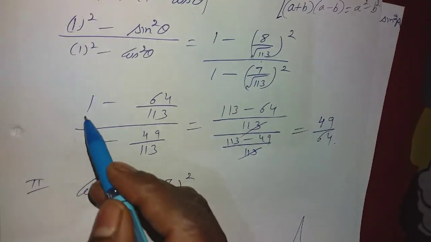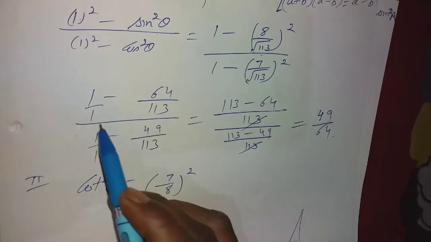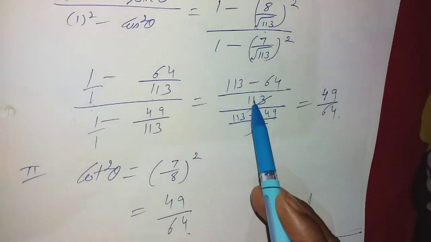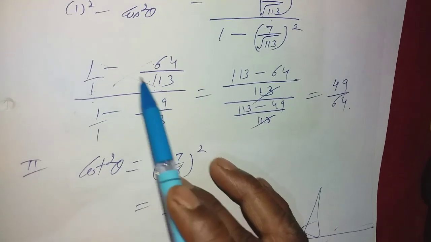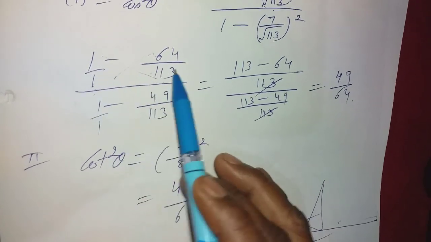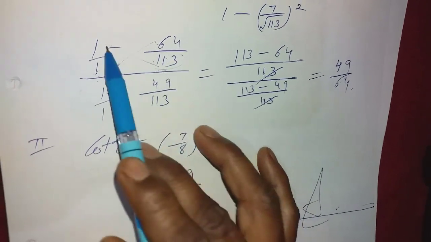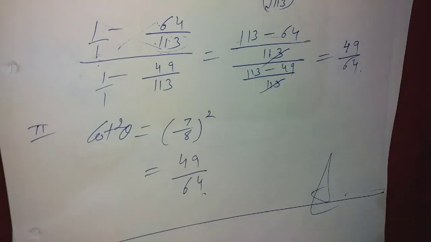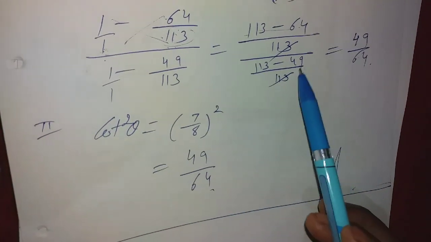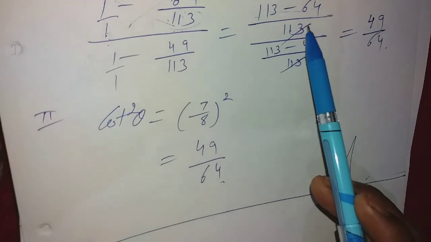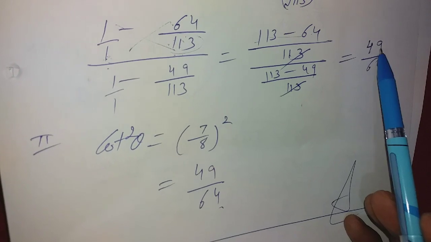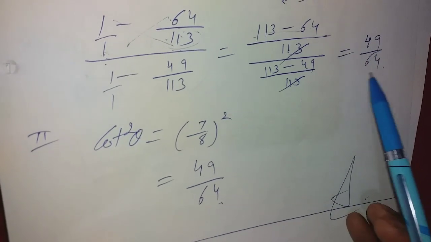So take its LCM. Taking LCM is very easy. Write the product of the denominator part and cross multiply. Here is 1. We will multiply 1 by 113. You will get 113, and 1 with 64 is 64. Same here. So 113 cancels with 113, and after subtracting you will get 49, and here 64.